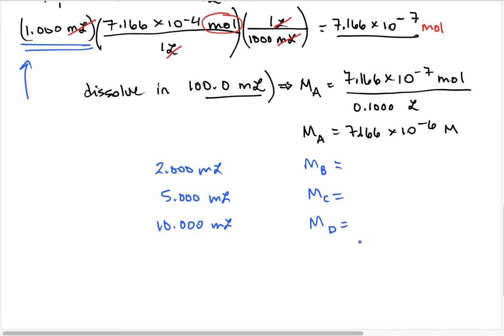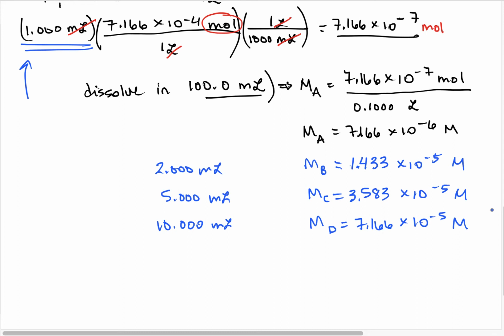Pause the video and do that. Okay, so what I got for these was 1.433 times 10 to the minus 5 molar, 3.583 times 10 to the minus 5 molar, and 7.166 times 10 to the minus 5 molar.